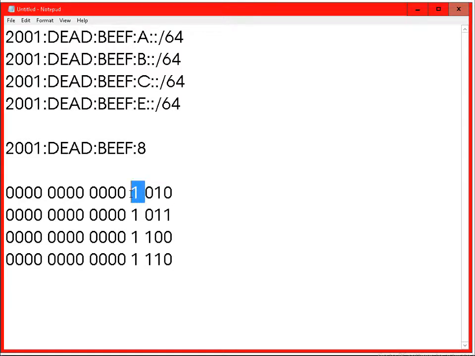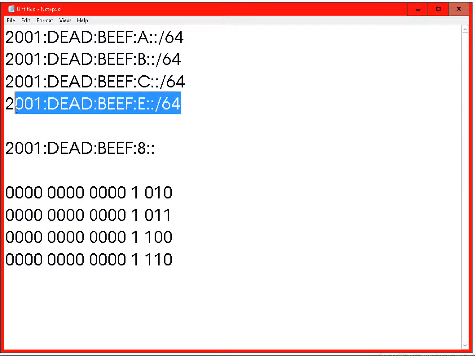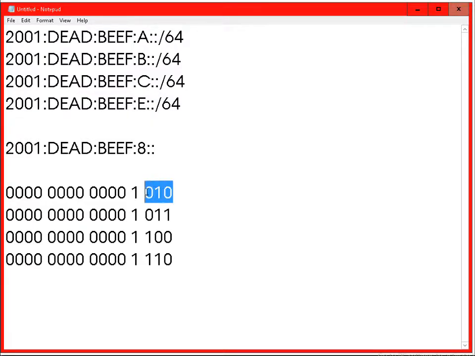That's 2 to the power of 3, which gets me 8. And then I simply count the number of bits. I know the entire first 4 hextets is 64 bits, so I just subtract the 3 here, which gets me down to 64, 63, 62, 61, and that becomes my summary for those networks.